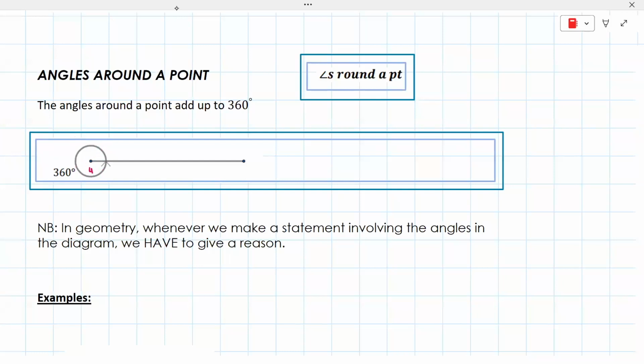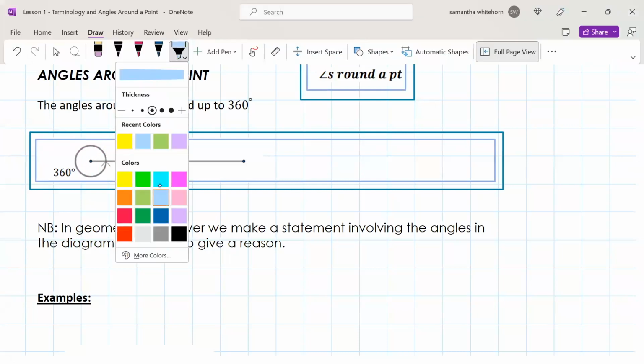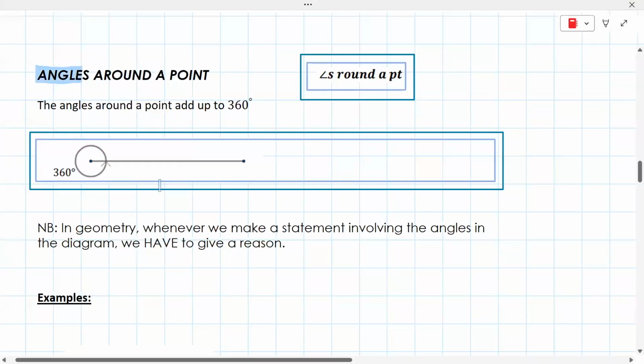And the reason for that is, as you can see, this creates a circle. And we know that in a circle, we have 360 degrees. So our very first reason is the fact that angles around a point add up to 360 degrees.